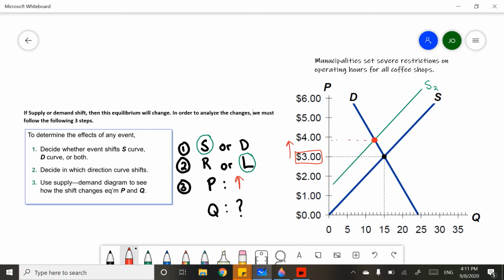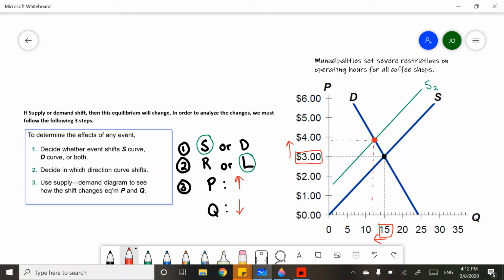It went up. Now, our original quantity was 15, and now we have a lower quantity. So, our quantity went down.